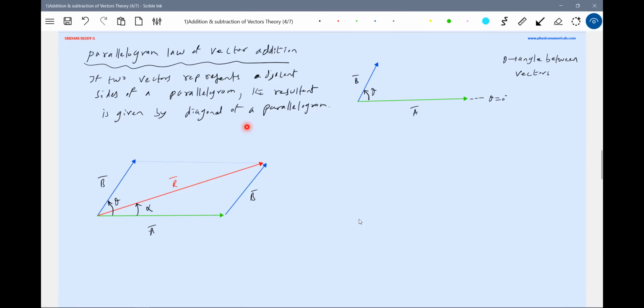Just by what is known, A bar, B bar and theta, the angle between vectors, you should be able to predict the resultant. So we should get an expression for R and alpha in terms of A, B, and theta. I will take the same parallelogram diagram. Let me draw this separately.